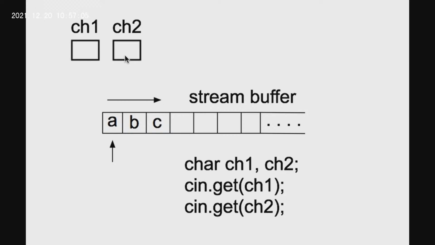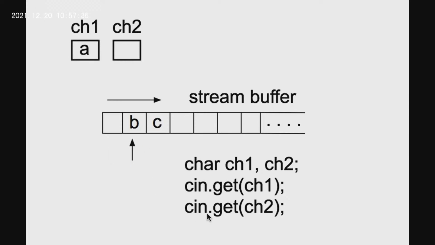When we reach the first cin.get statement, that will remove the first character from the buffer and store it at memory location ch1. So the A goes from the buffer into ch1, and the next character to be read moves over to the next byte.